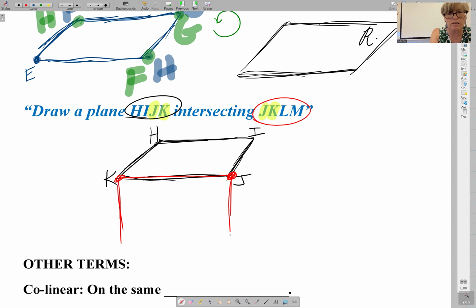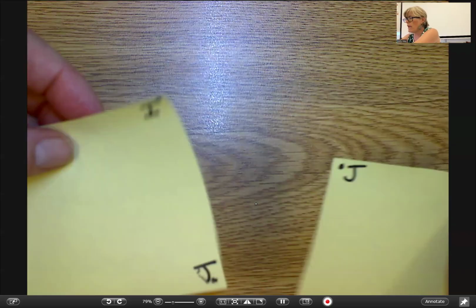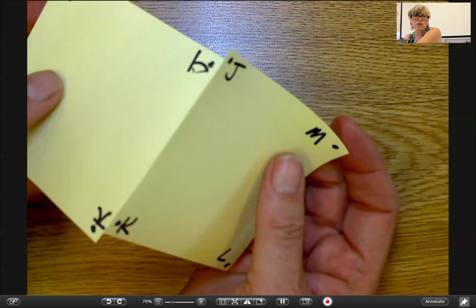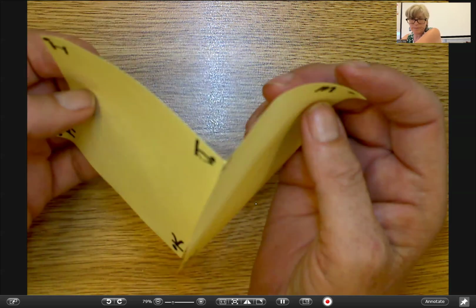I'm going to angle it because I'm going into 3D. J, K, L, M. Ta-da! The minute you have multiple planes, just give you a heads up. Whenever you have more than one plane, you're going to be going into a three-dimensional drawing.